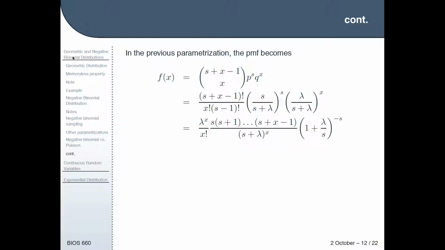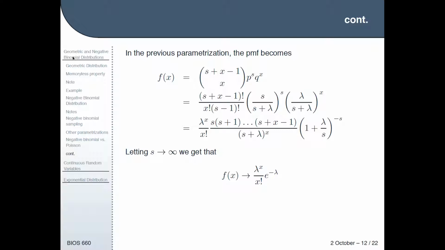Well, as S gets larger, this piece in the middle ends up like S to the power X over S to the power X. Using L'Hopital's rule or whatever, you can see that piece goes to 1, so you end up with lambda^X over X! times this thing, which, if you recall from calculus, the limit of that goes to e to the minus lambda.